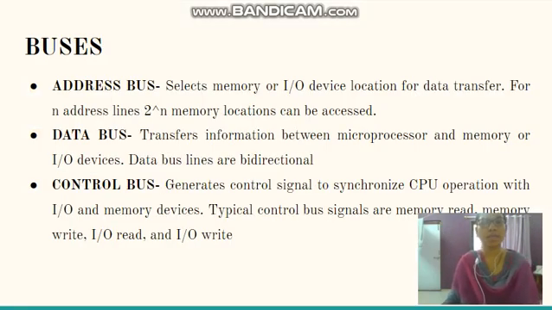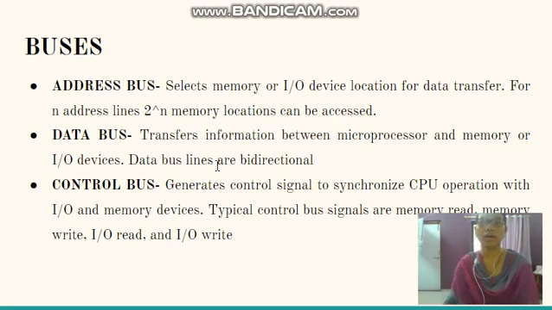Buses are nothing but the interconnection between the three major parts of a microprocessor based system, and they are address bus, data bus, and control bus. The address bus, according to its name, is used to carry the address of the location where we want to write the data or from where we want to read the data.